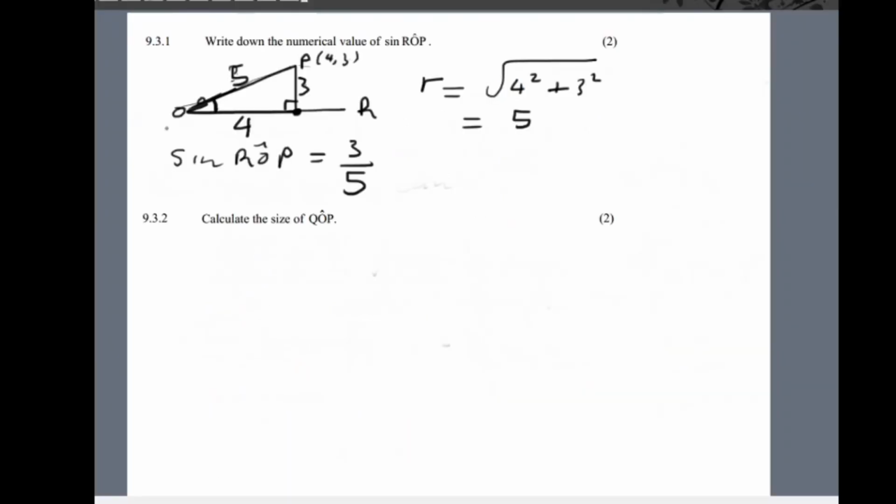So from 9.3.1, ROP will be equal to sine inverse of 3 over 5. From our calculator, this is equal to 36.87 degrees.